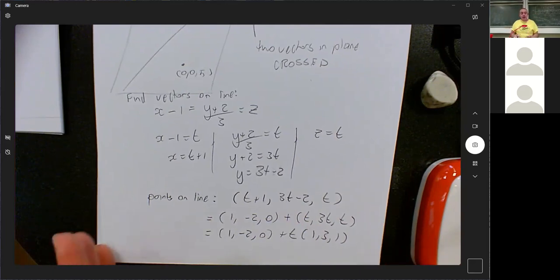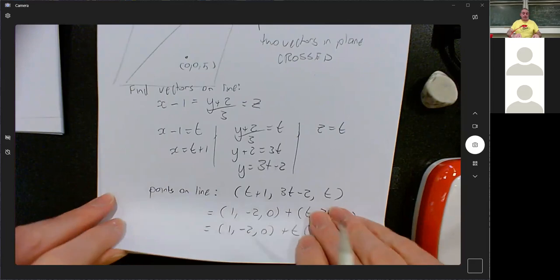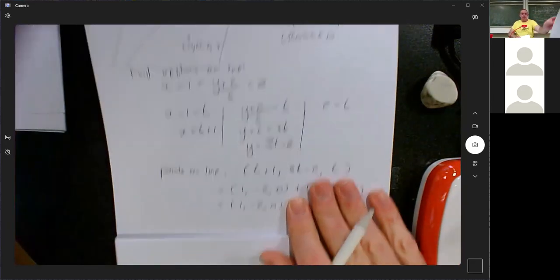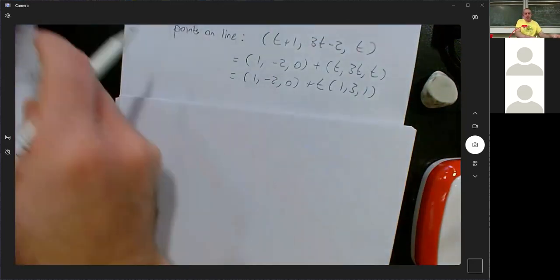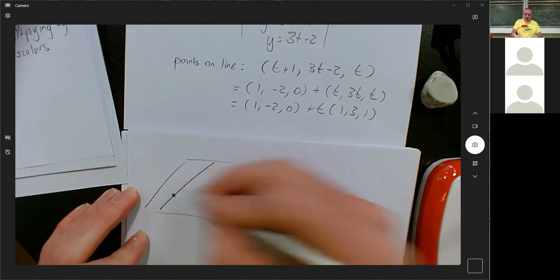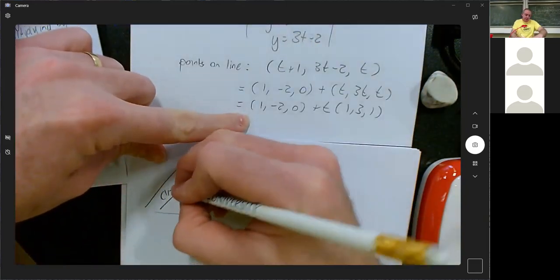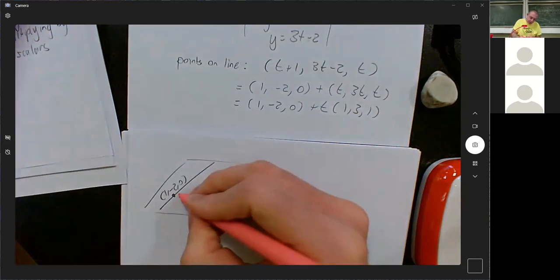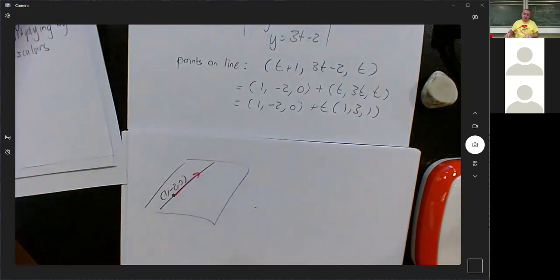And so now my picture goes like this. I have the point 1, minus 2, 0 on the line, and I have the arrow 1, 3, 1, like the vector 1, 3, 1.